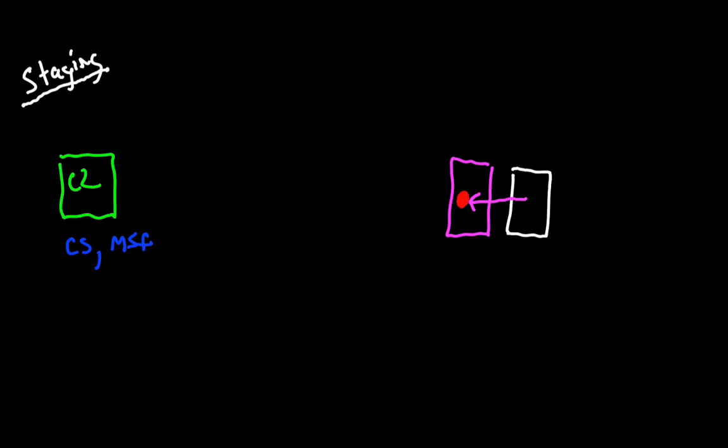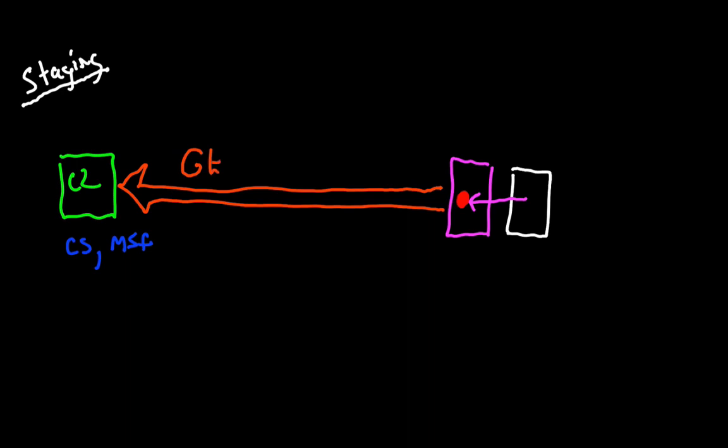That payload stager starts to run. And the staging protocol for an HTTP or HTTPS stager is to make a GET request from its controller. And the GET request is just a GET, and it is a URI that checksums to a certain value.